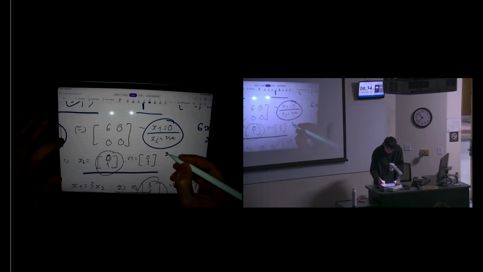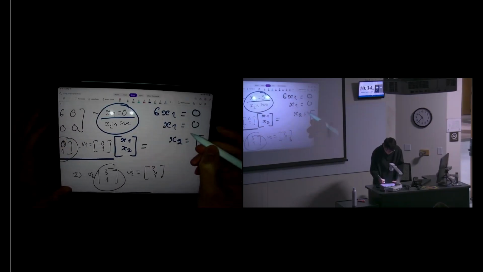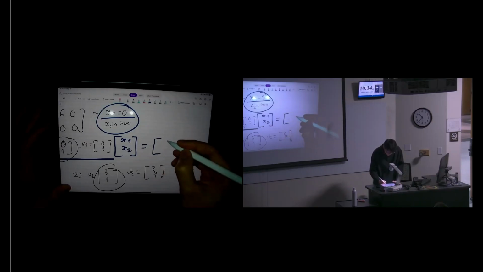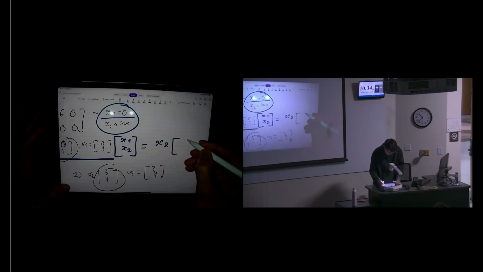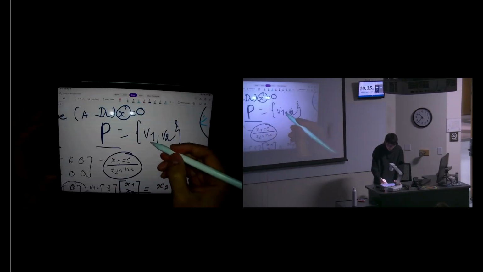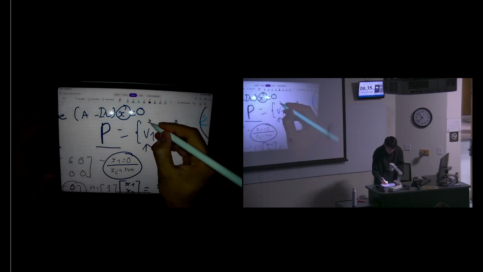So my x1 and x2 can be equal to x2 of 0 and 1. You guys remember how to turn a free variable into this, right? Yeah. So once you know that, first of all, my P, I can find my V1. So V1 is done using an eigenvalue of 3.